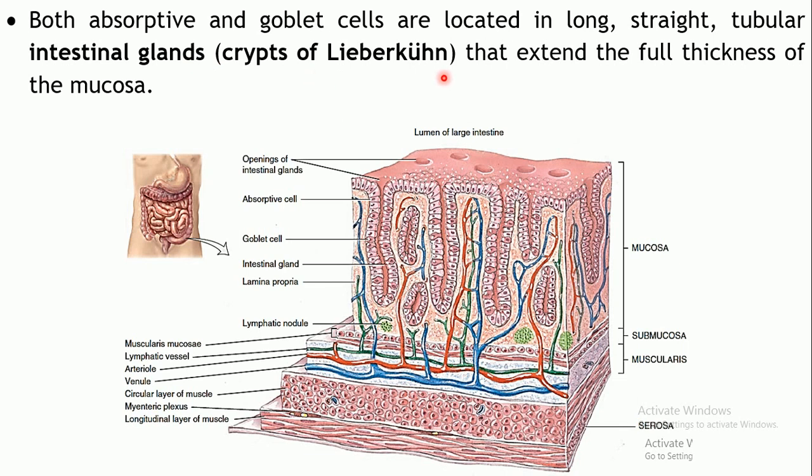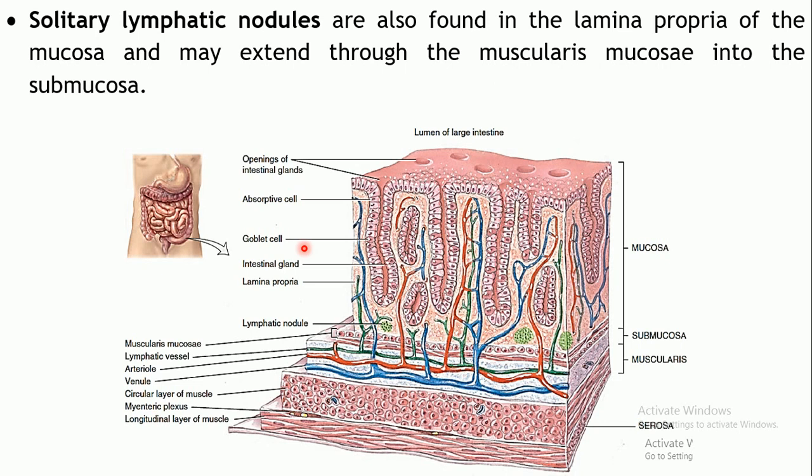These intestinal glands were also located in the small intestine, but you can see that their depth is quite a bit more compared to the small intestine. Also, the Paneth cells and enteroendocrine cells are absent over here. So the intestinal glands present in the large intestine are lined only by these 2 types of cells, absorptive cells and goblet cells. The main function is to produce mucus and absorb water.